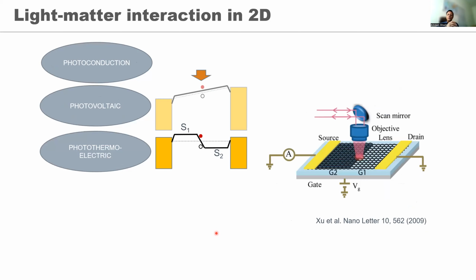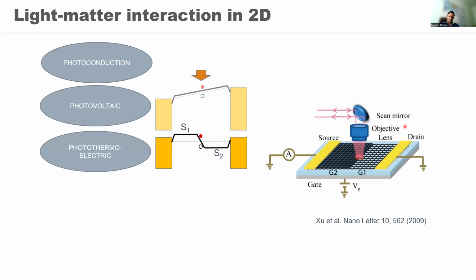Then you have the photothermoelectric mechanism, in which you have a system with two different regions of very different thermoelectric coefficients, S1 and S2. In some cases, like in this paper, you have this by having one part as single layer graphene and the other part as bilayer graphene. Because the electronic structures of single and bilayer graphene are very different, their thermoelectric coefficients are very different.